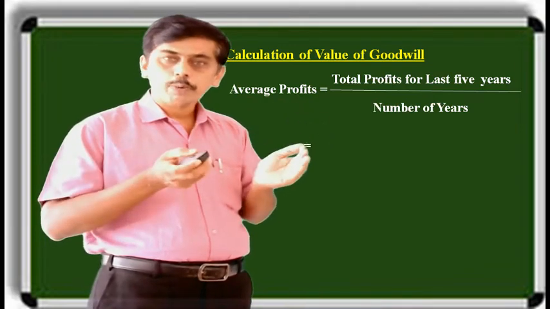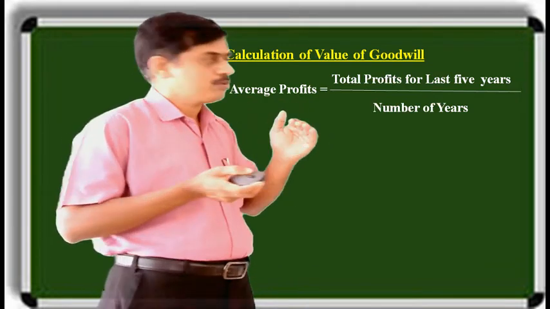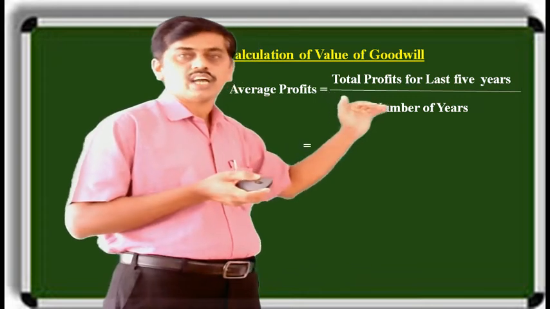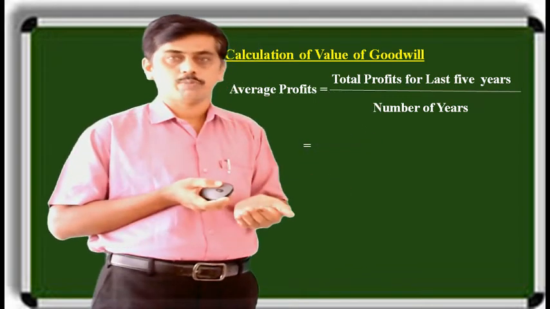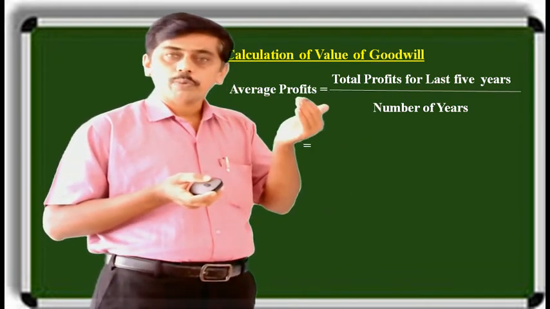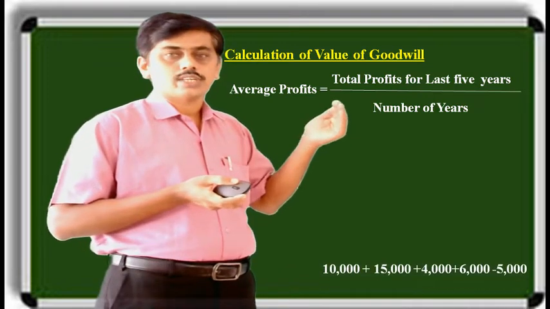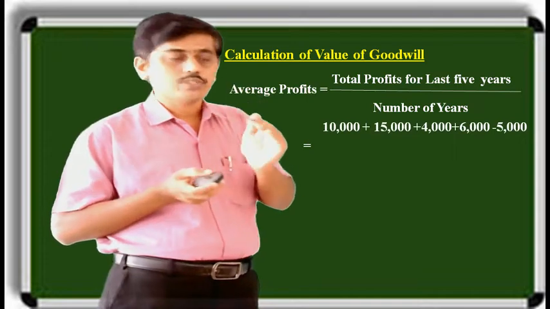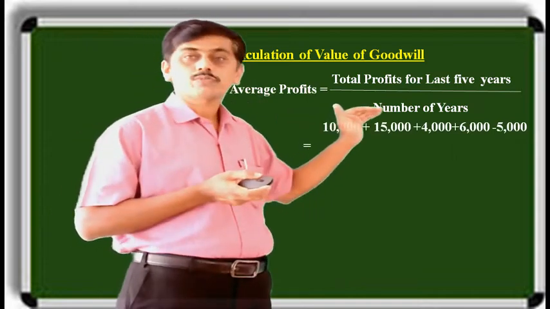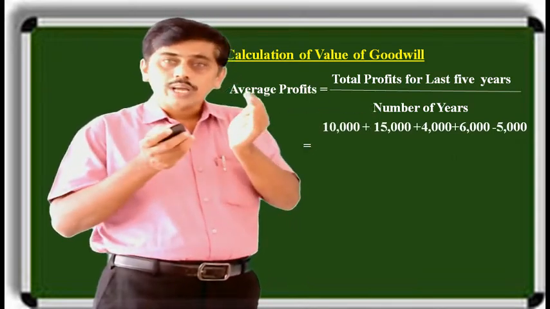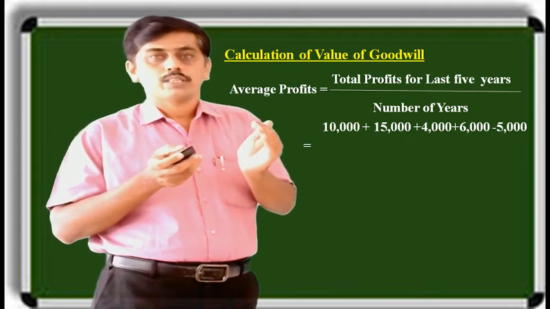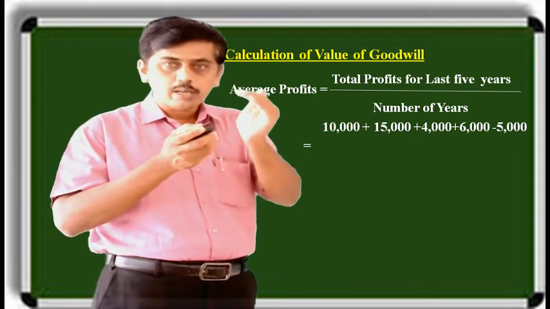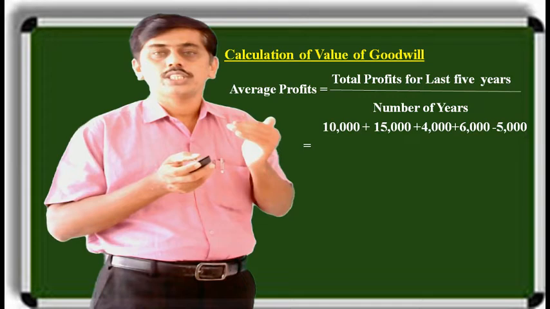You may prepare a table or directly take the profit and add it here and find the average profit. So the profit for the first year, second year, third year, fourth year and fifth year. Remember, in the fourth year, there is a loss of rupees 5,000. While calculating the average profit, if a loss is there in a particular year, the same is to be deducted.